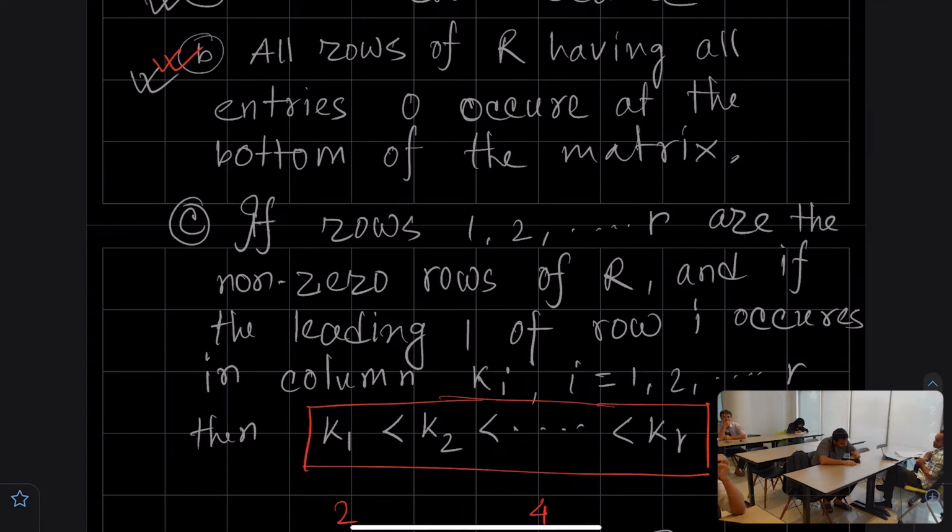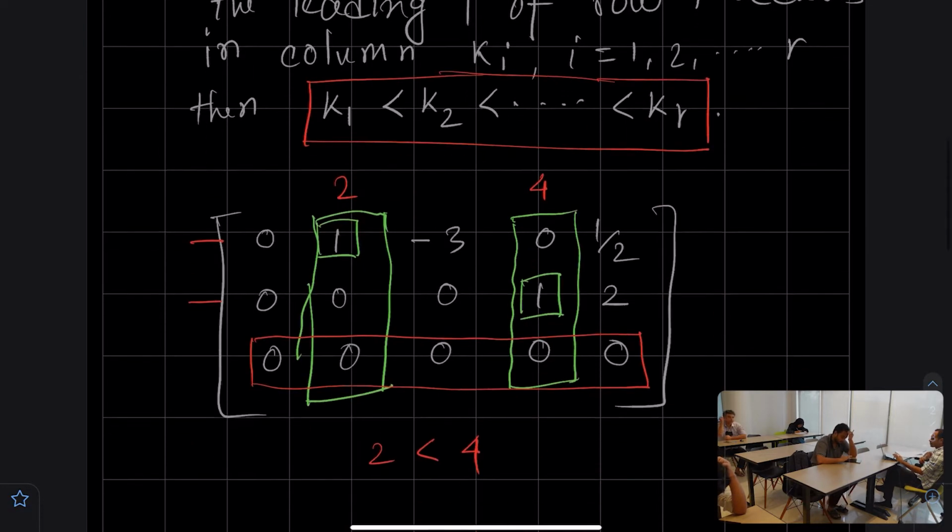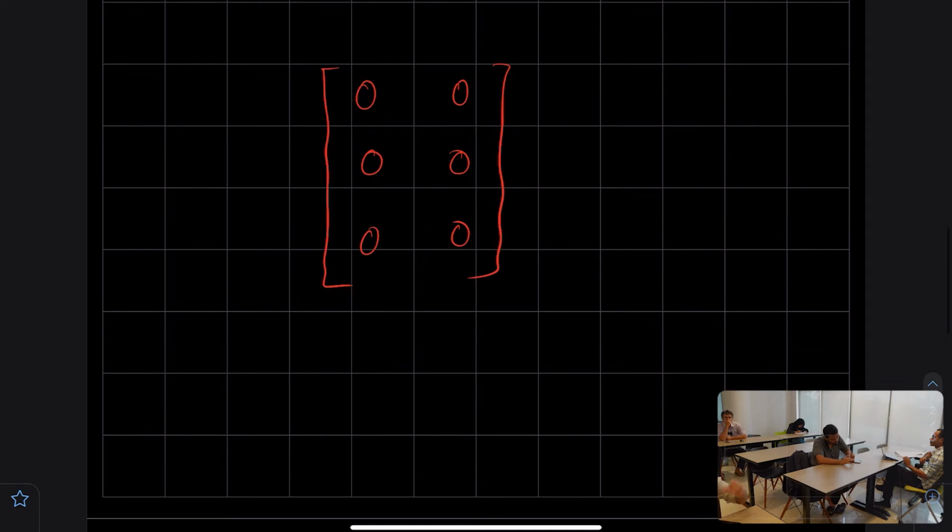Now, give an example of a row reduced matrix that is not a row reduced echelon matrix.